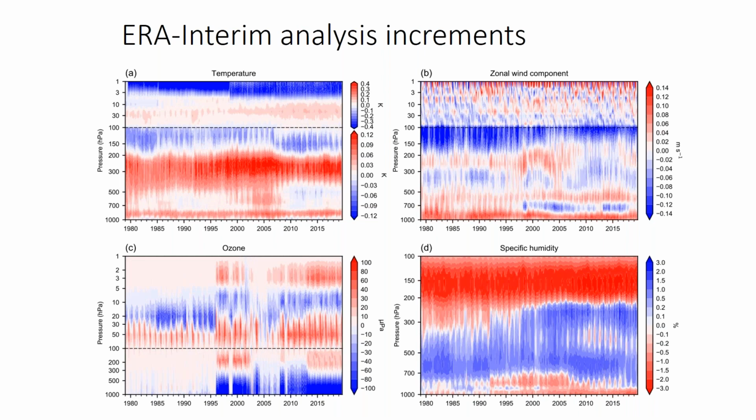So you see much different amplitude. So the analysis increments in ERA 5 are overall much smaller. That's a very good sign. That means that the background is generally much closer to the observations. And there are fewer problems with jumps and sort of obvious artifacts. Ozone is a good example. In fact, the whole ozone input was pretty much new for ERA 5 with very good impact of that. Next, please.